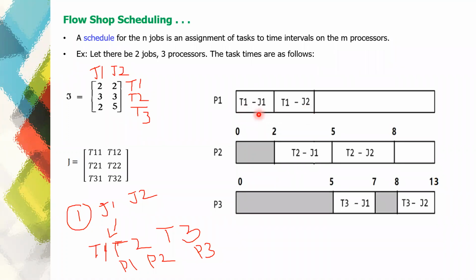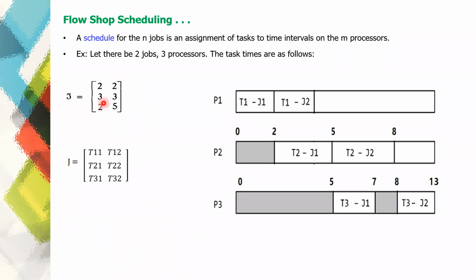So I'm scheduling task 1 of job 1 first, and then task 1 of job 2. Task 1 will always be executed on processor 1. Now check the information. How much time is task 1, job 1 taking? It's taking 2. So that is what I'm going to write here: 0 and 2.